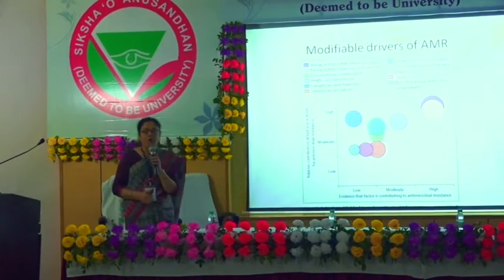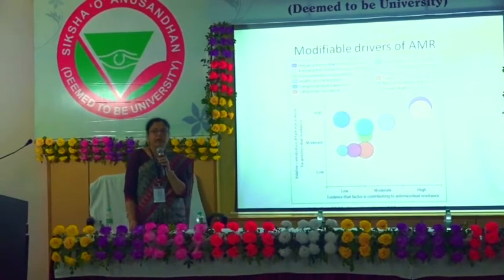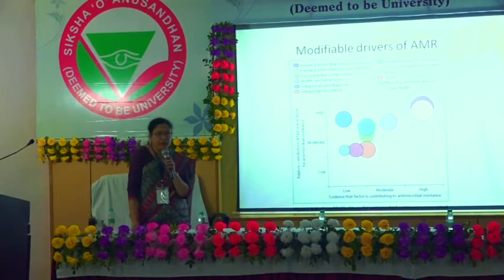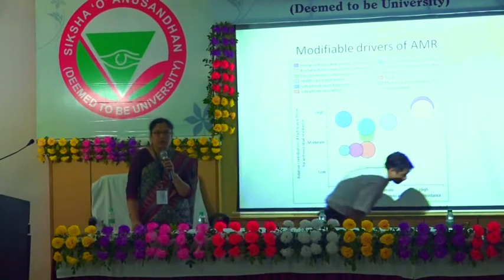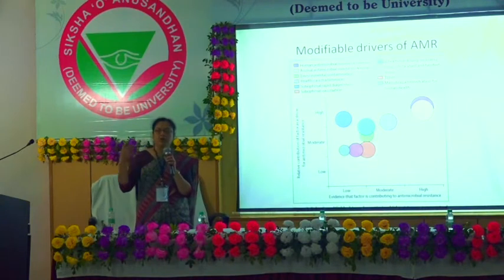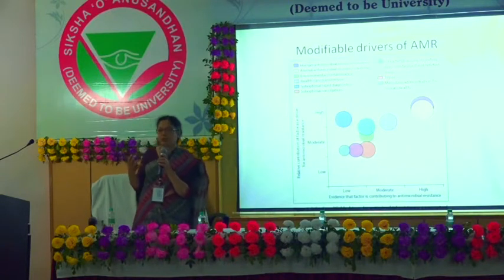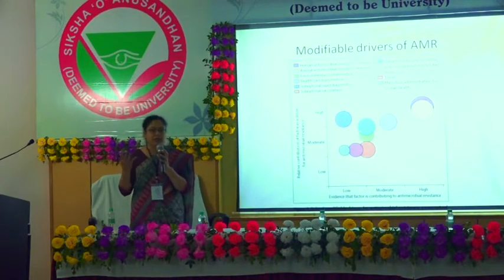So how many of you are aware that the poultry industry and the meat industry uses antibiotics liberally? Colistin is being used very, very liberally, and many of the cephalosporins are used because they increase the content of meat.